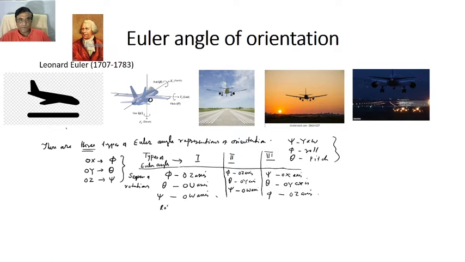This is roll, pitch, yaw. This is your phi is roll, then theta is pitch, and then this is yaw.